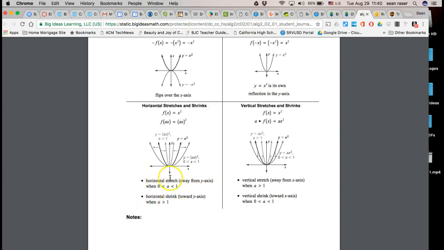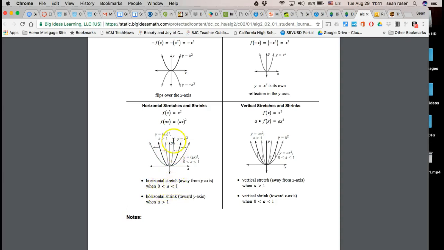Horizontal, this is where it gets kind of inverted. Okay, you look at the change that's being made, and to figure out the factor, you actually have to take the inverse. So it's a horizontal stretch if this value that you're multiplying your input by is between 0 and 1.